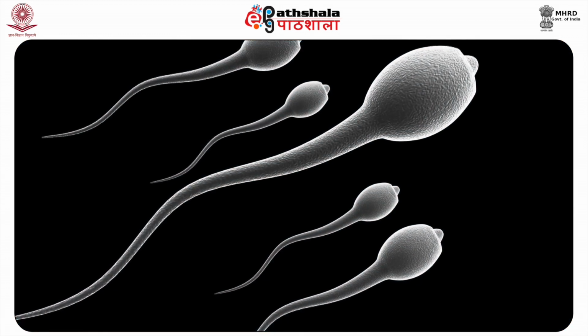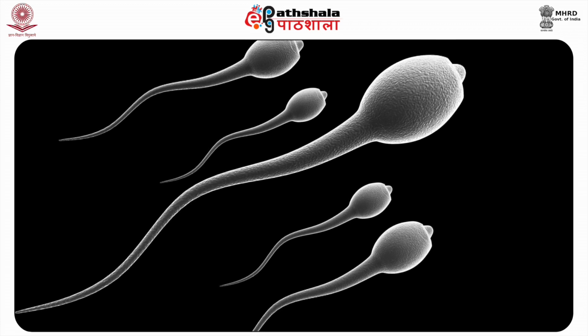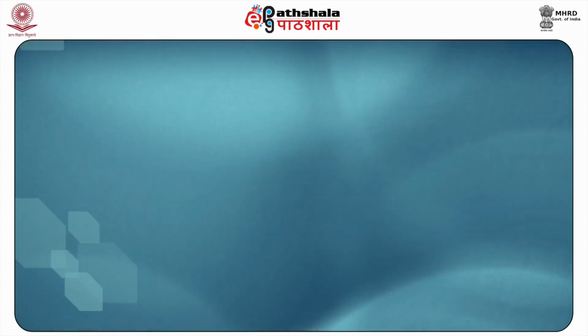The identification of one or more sperm is conclusive proof of the presence of semen. In cases of sexual assault, the forensic examination of evidence for seminal stains can actually be considered a two-step process.